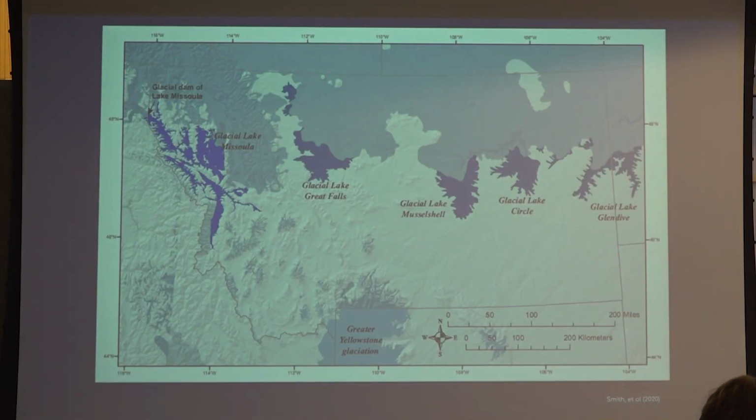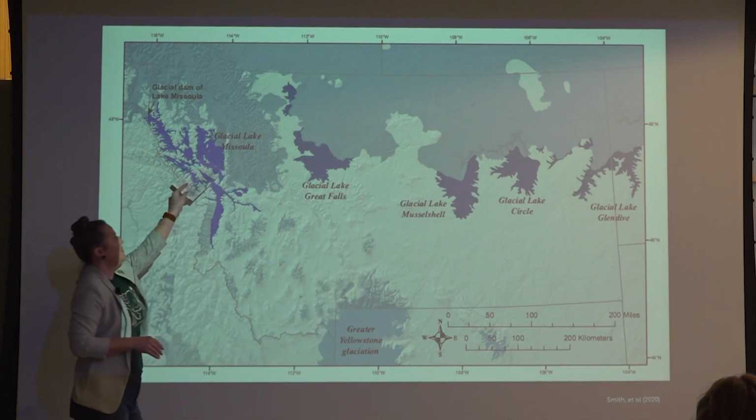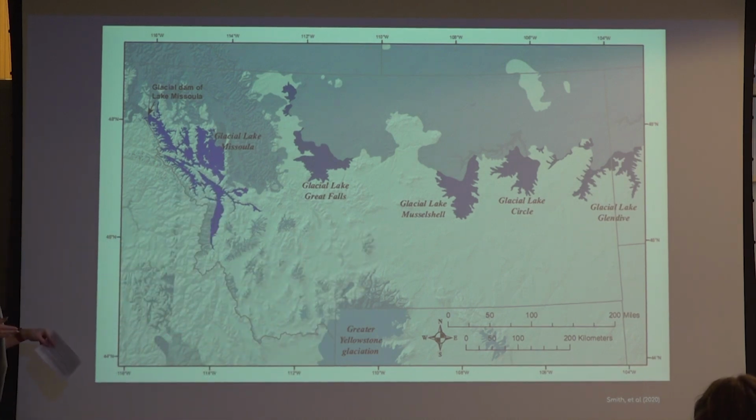And if we zoom in a little bit more and look just at Montana, Montana had a lot going on during this time period. This is probably during the last glacial maximum, about 20,000 to 12,000 years ago. And you can see Montana is just covered in glacial lakes. The most famous one, at least over here on our side of the state, is Glacial Lake Missoula by far.